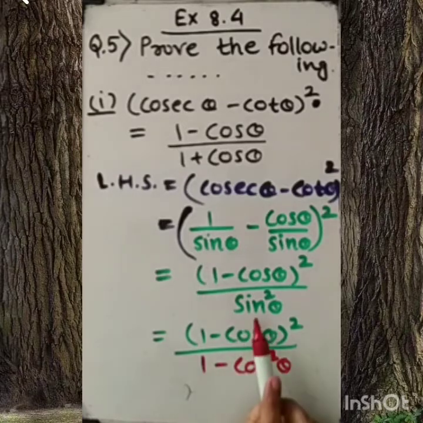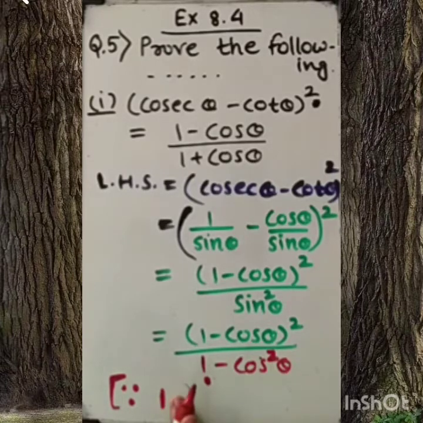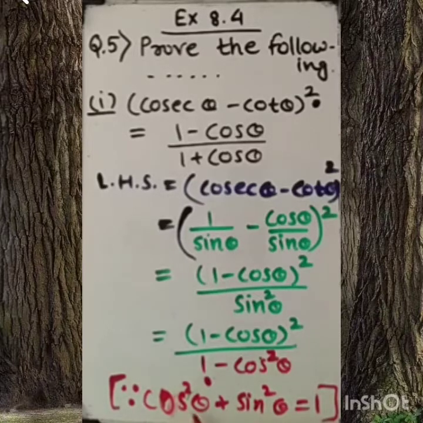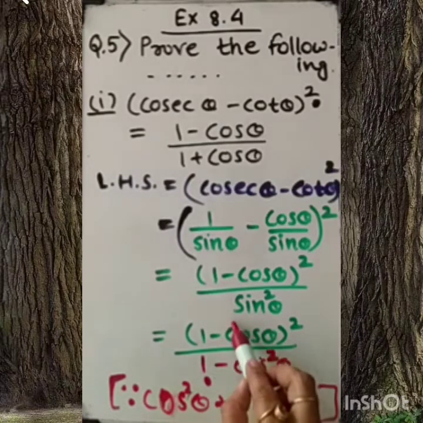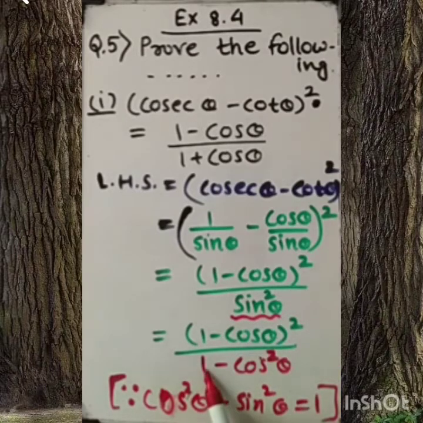In brackets here, you need to mention the reason behind that: cos square theta plus sin square theta equals 1. That's why in place of sin square theta, I have written 1 minus cos square theta. Now immediately after this step, what can be the next step?